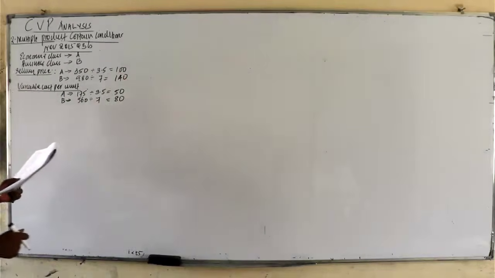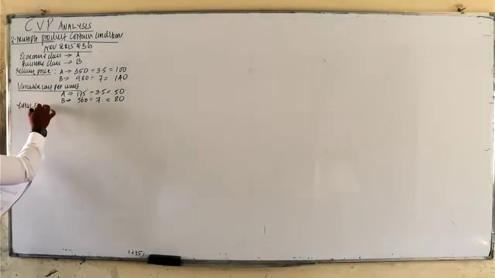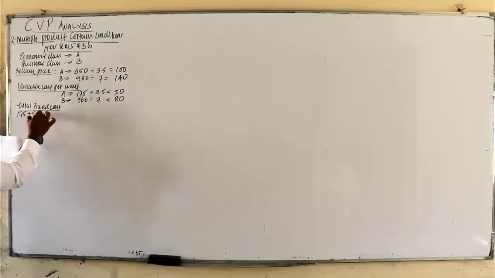Then we have the fixed cost, but you have said that fixed cost is applied as a single amount for the benefit of all the products. So we get the total fixed cost. There is no fixed cost per product. Now the fixed cost will be applied as a single figure for the benefit of all the products. We have the labor which is fixed at 175 million. The other one is 560.